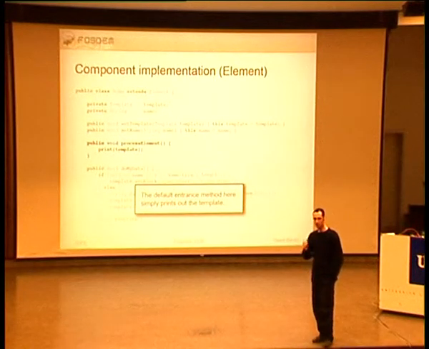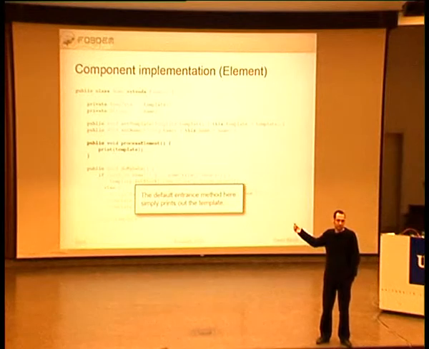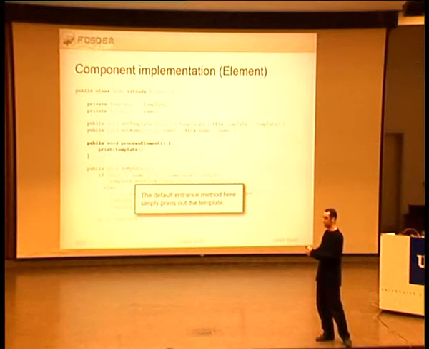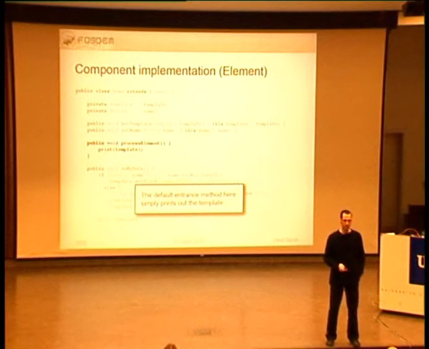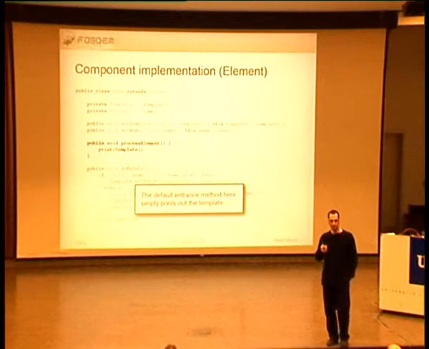And by default, RIFE executes the process element method. If there has to be only one method there, it would be that. It would be process element. This is what is executed if there's nothing else there. So in this case, if you arrive at this component, the first thing that has to happen is print out the template. I want to have some HTML displayed, and I want this form to appear, and stuff like that. Now after that, the submission will happen, the form will be sent, and this form had a certain name.